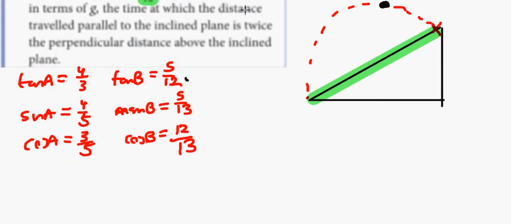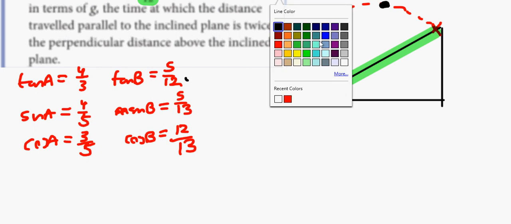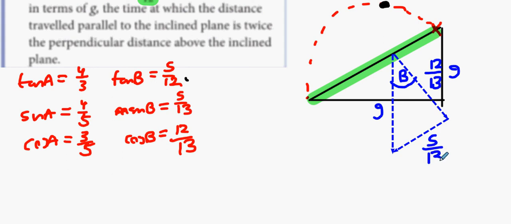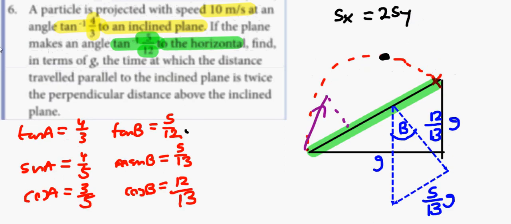The accelerations: one is g, this one's going to be 12 over 13 g, this one here is going to be 5 over 13 g. Now we're going to break up our V value, which is 10.